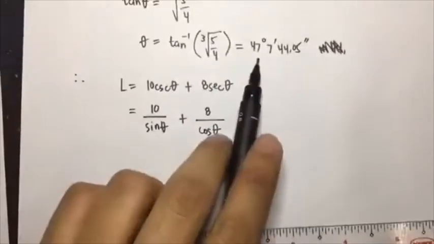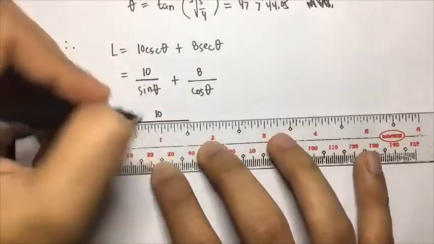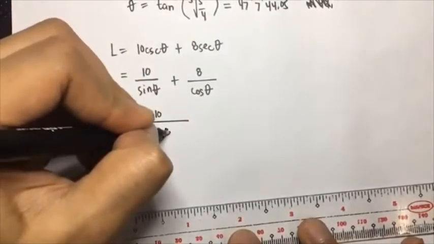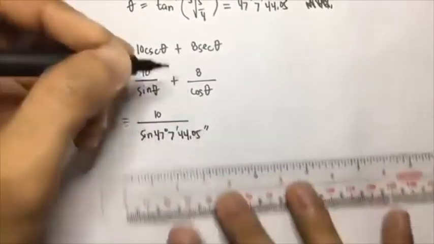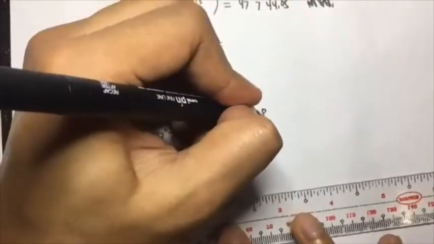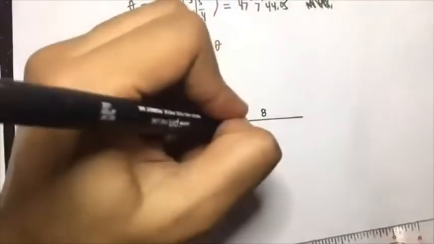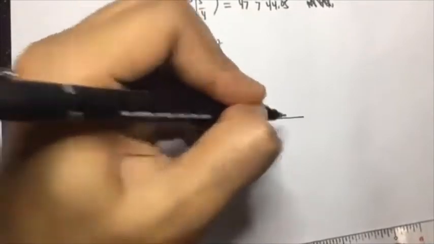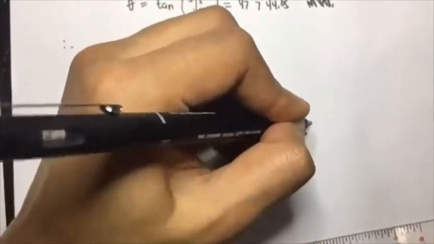So substituting this angle, 10 over sine of 47 degrees, 7 minutes, 44.05 seconds, plus 8 over cosine of 47 degrees, 7 minutes, and 44.05 seconds.